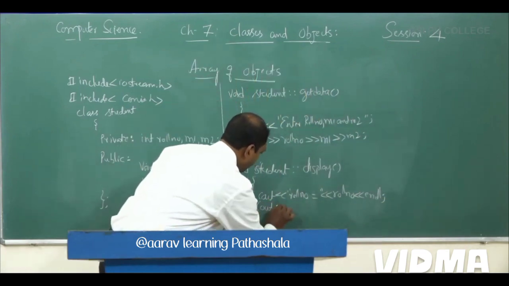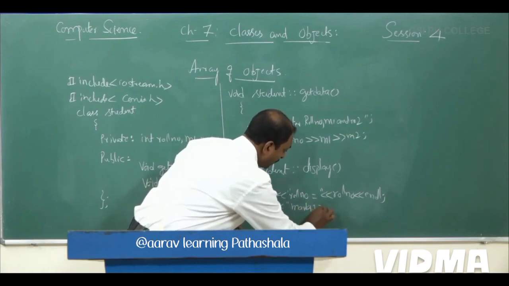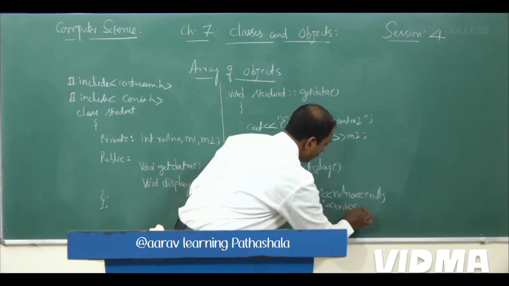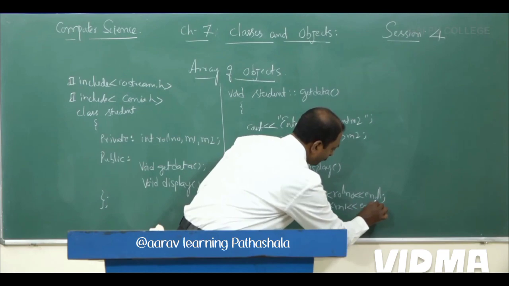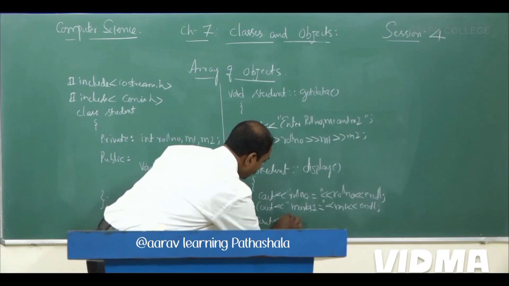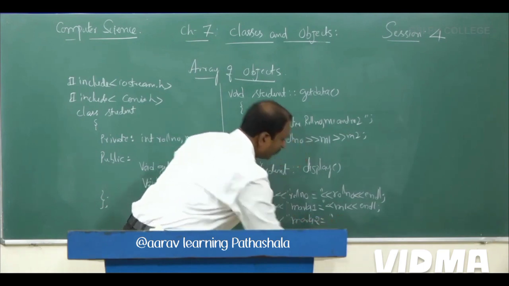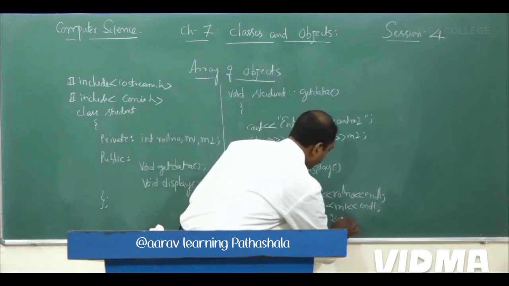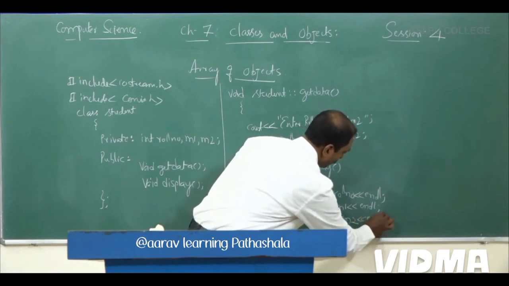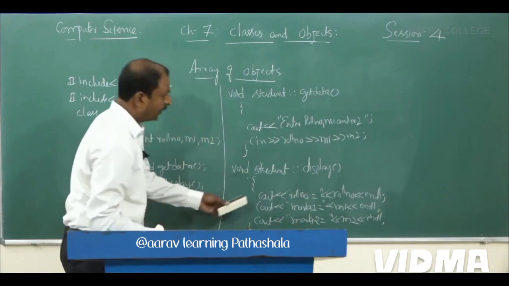Similarly, cout, marks 1 equals, close the quote, with M1, endl. Cout, marks 2, close the quote, M2 is the variable, endl. After this we have to close the function void display.